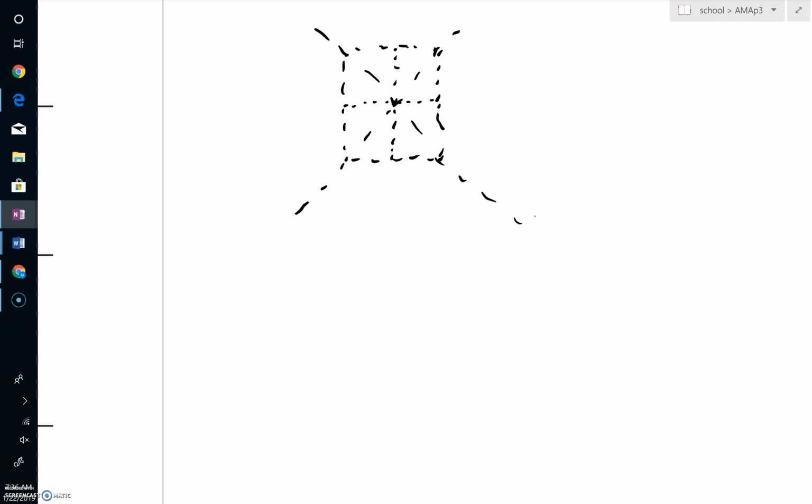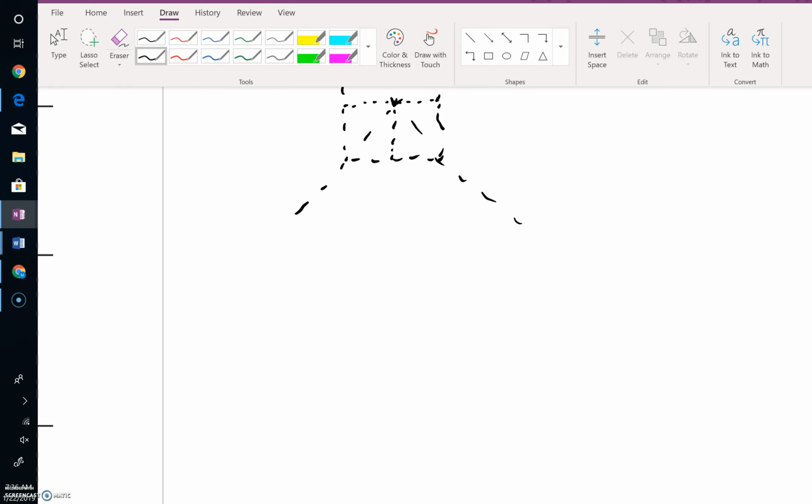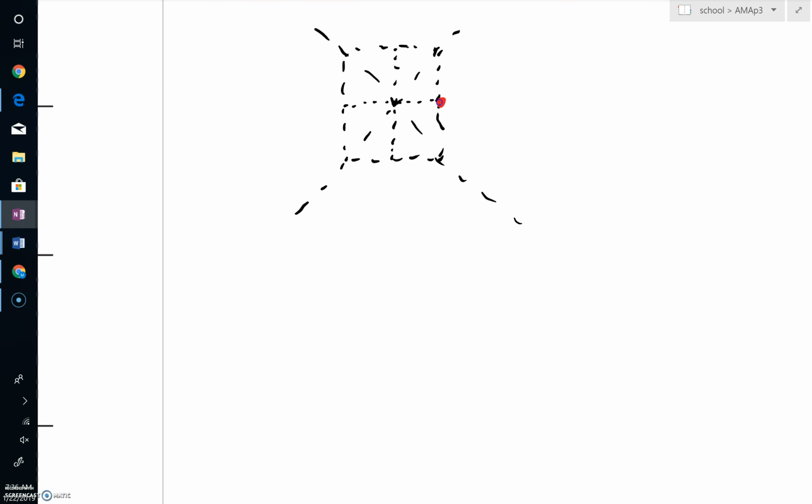You can see that you might have a hyperbola opening to the right and to the left. And this is your center, I'll call it H comma K. If that were the case, you're opening in the X direction.